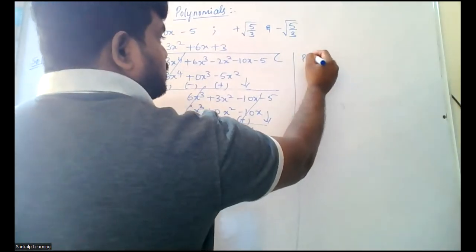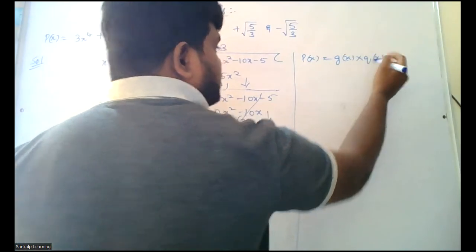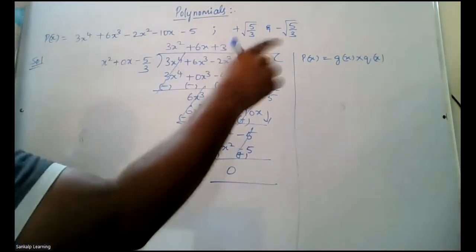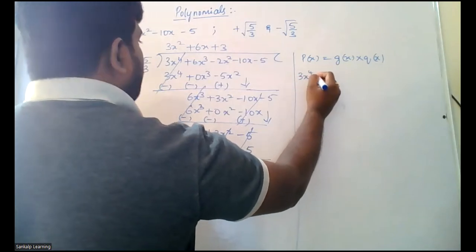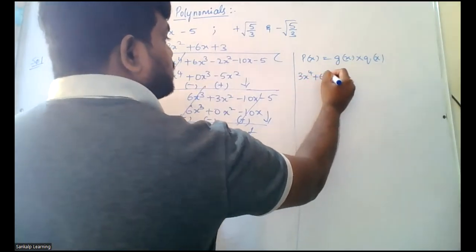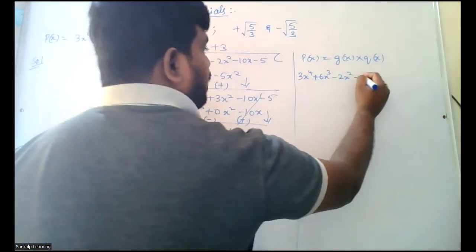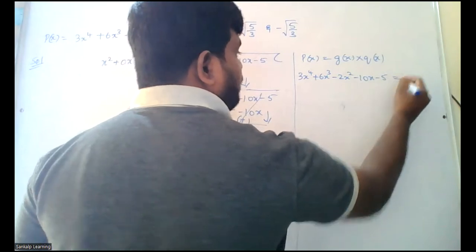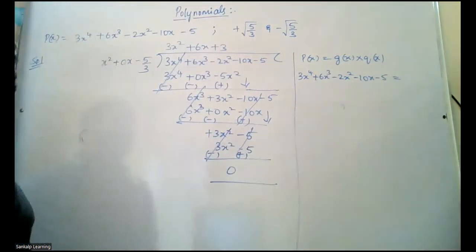So P of x is equal to g of x into q of x plus r of x, but the remainder is 0, so I'll leave it. What is my P of x? 3x power 4 plus 6x cube minus 2x square minus 10x minus 5. That will be equal to, I'll write it below, g of x into q of x.